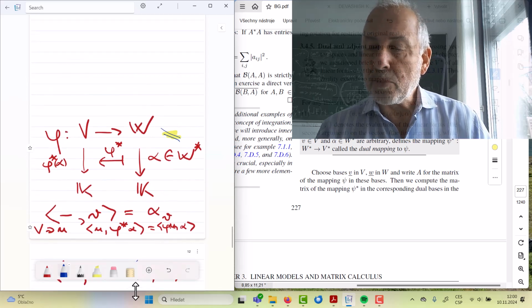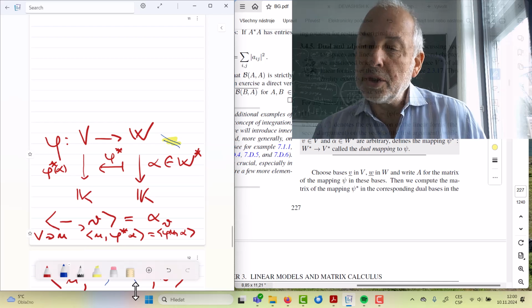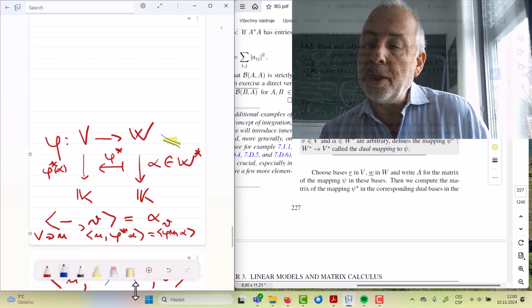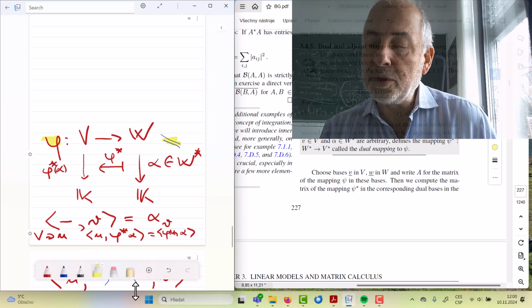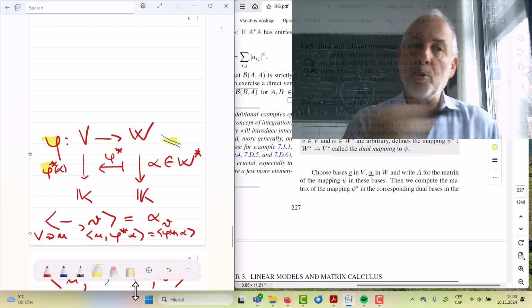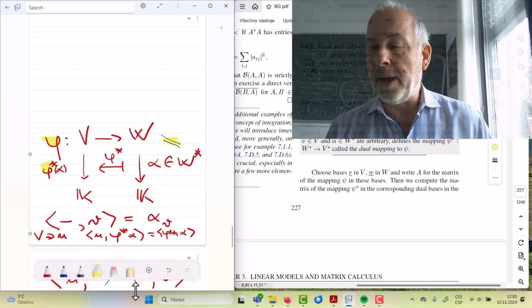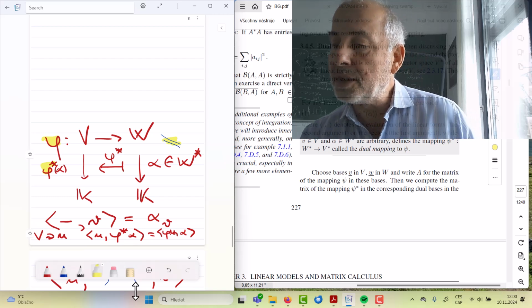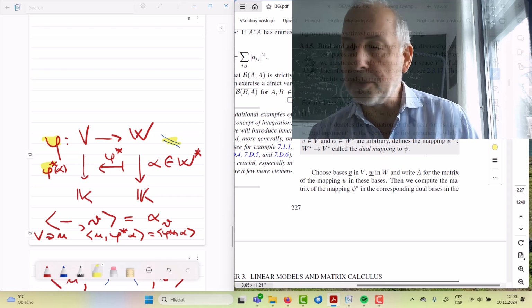With this convention, you see that each linear mapping phi produces the linear mapping phi star, which goes in the opposite direction from W star to V star, and it's well defined, and that's exactly what we've got here, right? So that's the dual mappings.